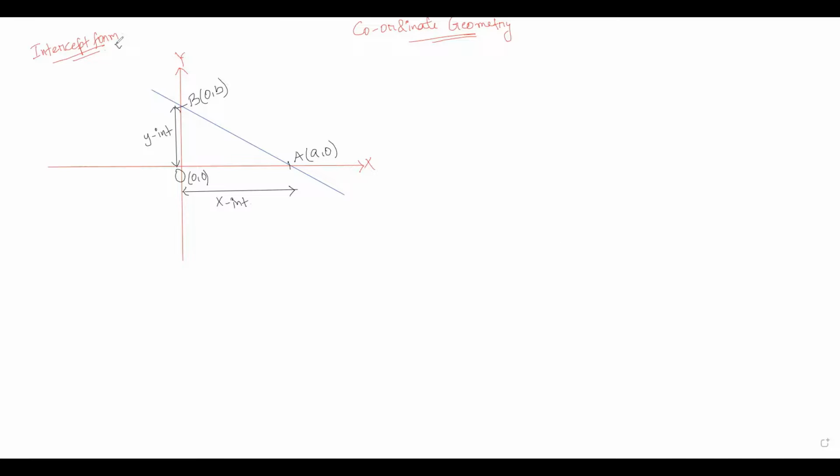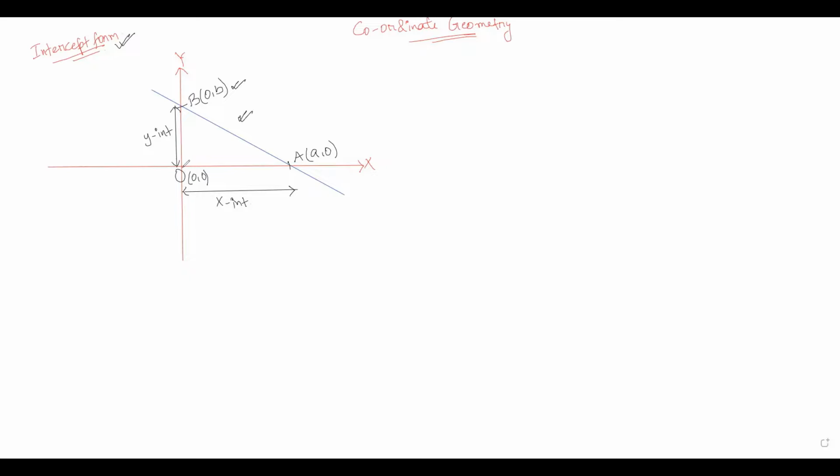Now, let us see the equation of a line in intercept form. Suppose this is a line which is passing through 2 points, capital A and capital B, whose coordinates are small a, 0 and 0, small b. Now, the portions cut off by this line on the coordinate axis are called intercepts.